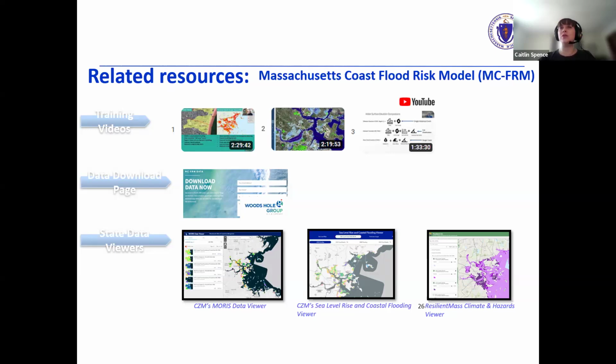You can download the data for analysis from the Woods Hole Group website. The Woods Hole Group produced the data set. And if you don't want to download the data, you can simply explore visually on 3 different data viewers, which are shown at the bottom of the website.